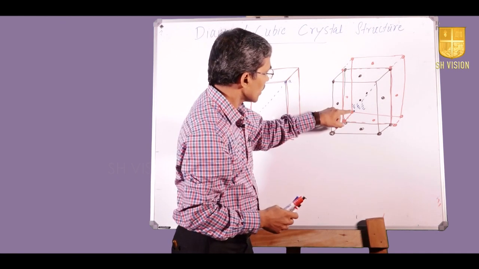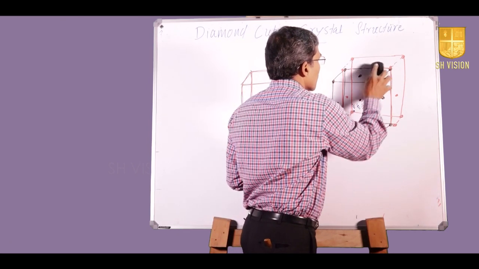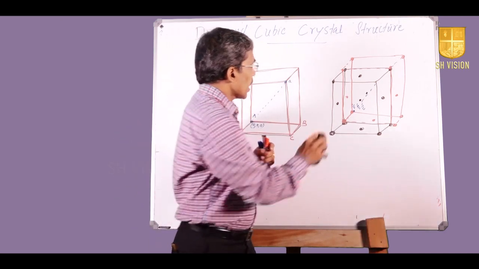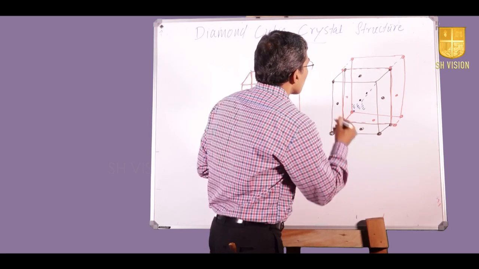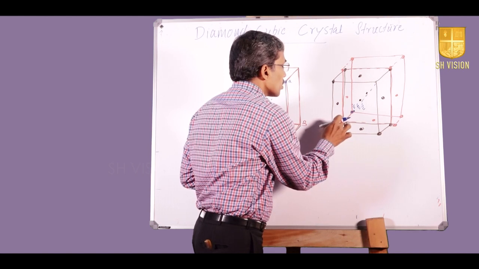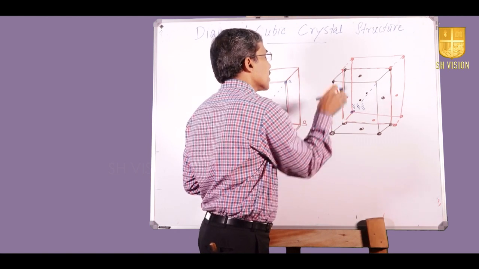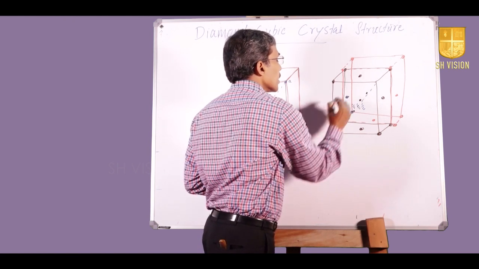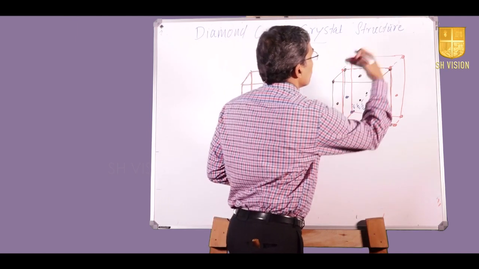So altogether, when the second Bravais lattice is pushed along the body diagonal by 1/4, only the atom at this corner, this face is coming out. So there is no atom inside here. Only this corner atom which is behind, that is the back corner atom, this left face center atom, bottom face center atom, and back face center atom.